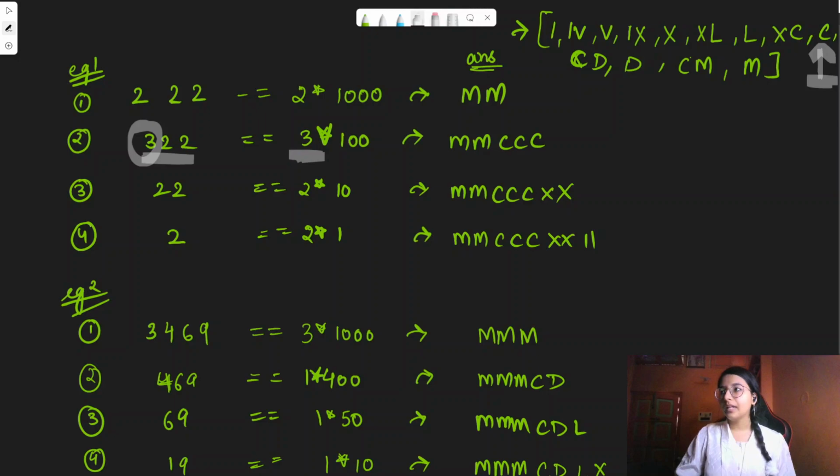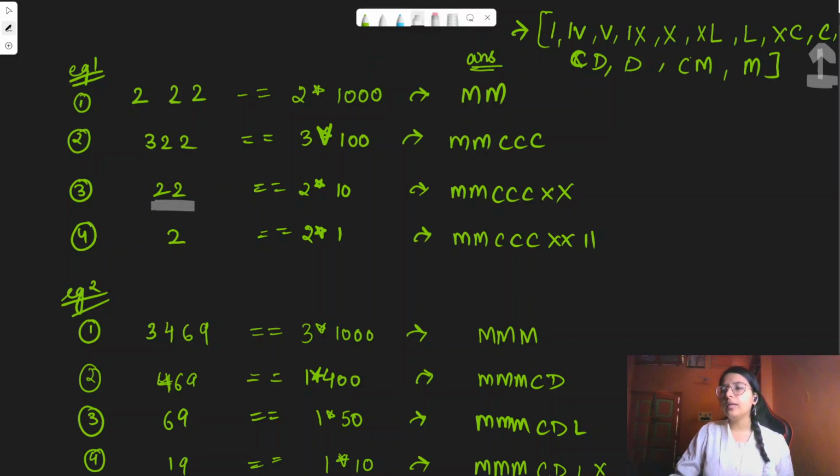So that is 3, right? So first we appended M 2 times, now we will be appending C 3 times. Till now we got this Roman numeral, and then we subtract whatever we did till now from this, so that we get our next number, that is 22.